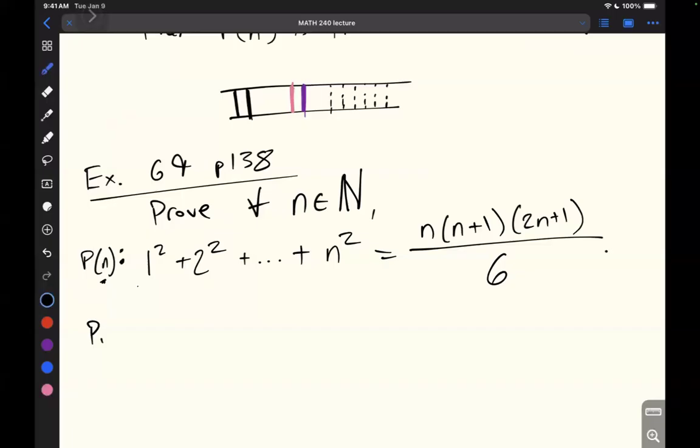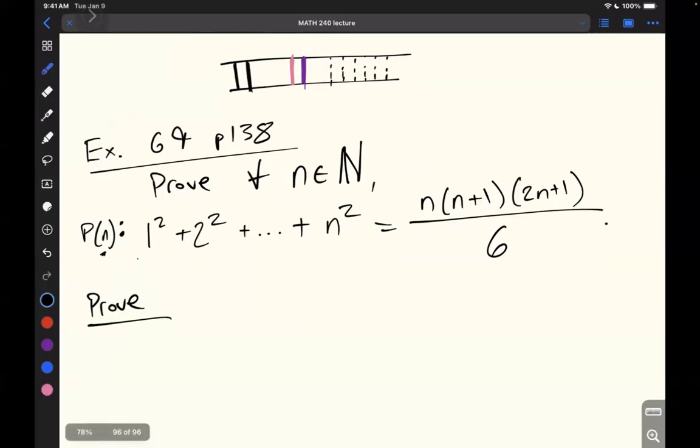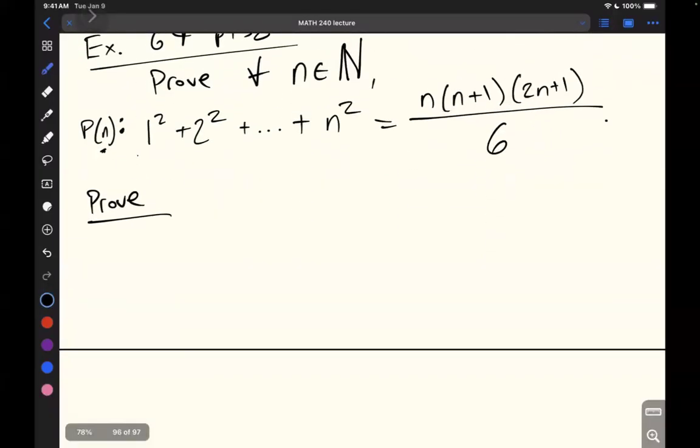So to prove it, first we identify the base case. And since we're proving for all natural numbers, zero's not included here. So we show for P of 1. So P of 1 is, on the left-hand side, the sum of things up to 1 squared.